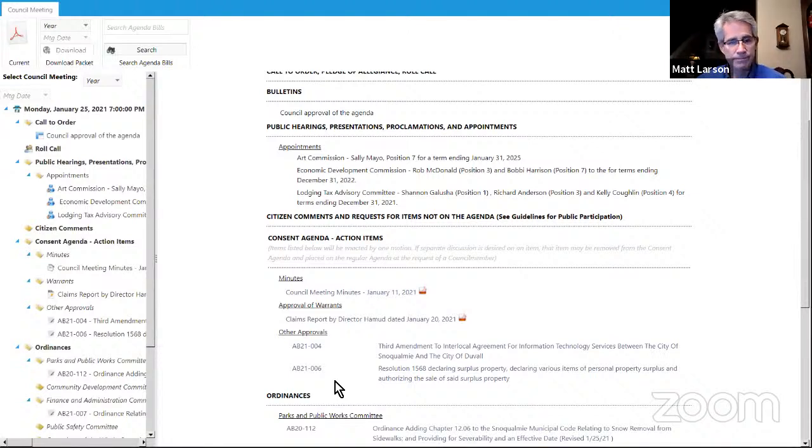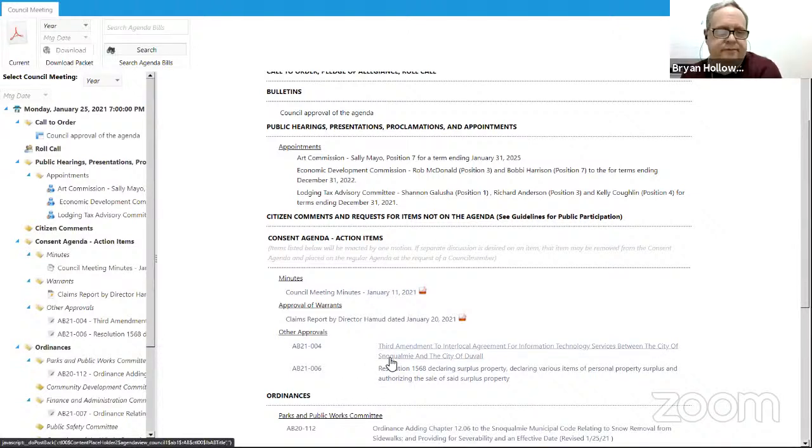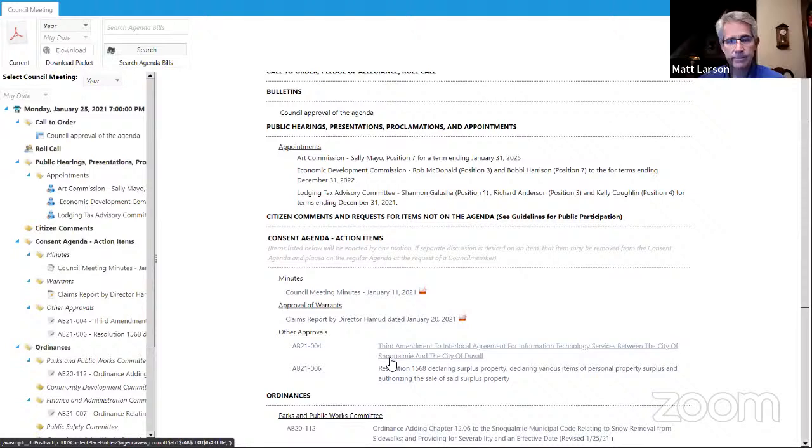Do I have a motion, Council? So moved. Second. A motion and a second to approve the consent agenda as stated. Is there any discussion? Or is there any member of the public that would like to comment on any of these items prior to council action?